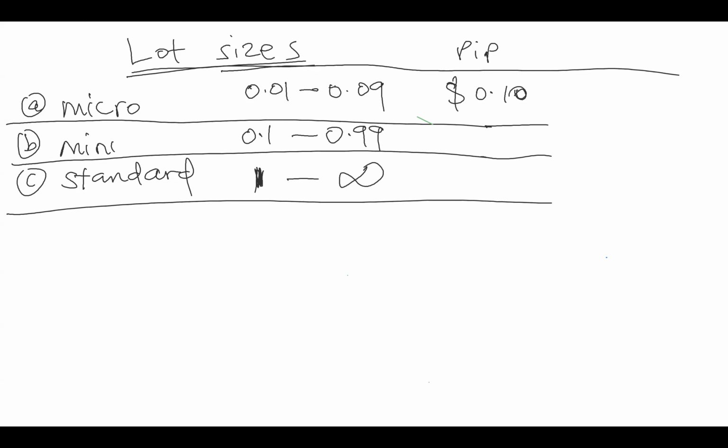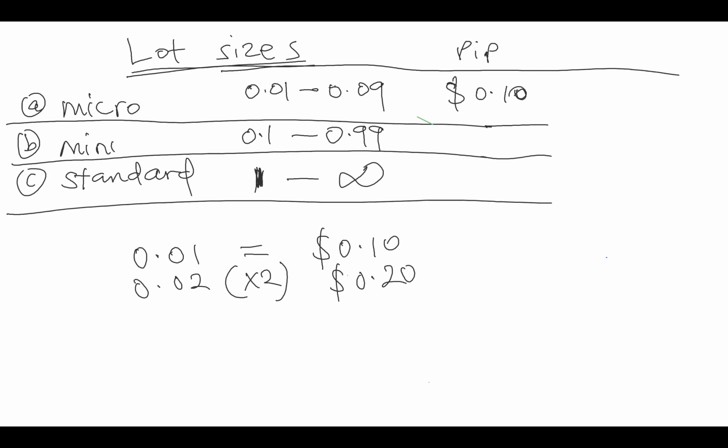Right. So how many cents is for 0.02? 0.02 is times 2 of 0.01. If you're making 10 cents on a 0.01 lot size, with 0.02 you're going to be making times 2, so 20 cents.